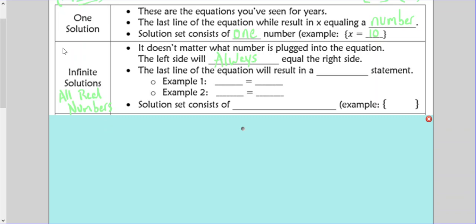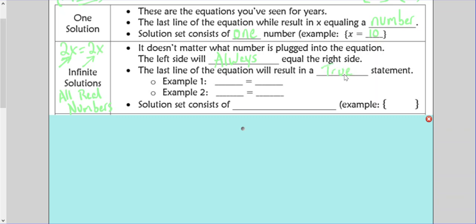Simple example is 2x equals 2x. It doesn't matter what you plug into that, it will always equal that. You're going to plug in the exact same number there. If you plug in 100, if you plug in 10, it's going to be 200, it's going to be 20, the exact same on that side. No matter what you plug into one side, it always equals the other side.